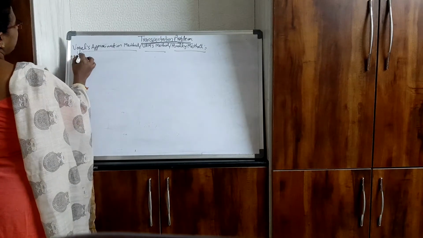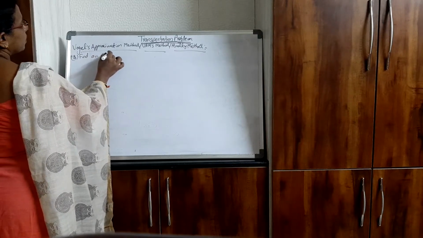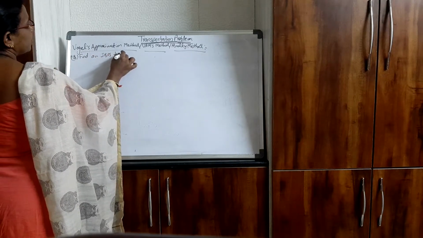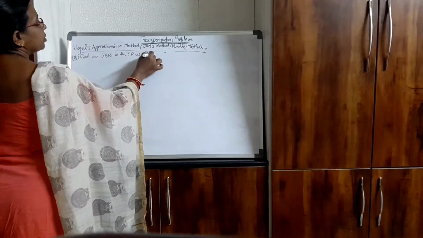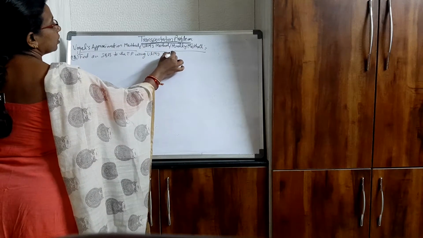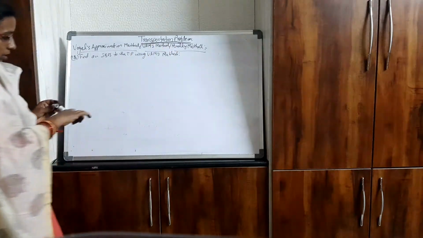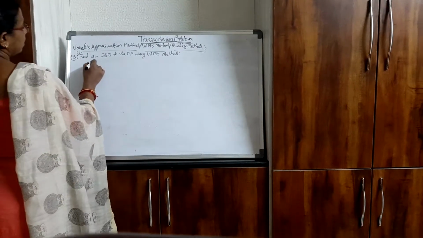So the question will be like this: find an initial basic feasible solution to the transportation problem using Vogel's method. Here I have taken a 4 by 4 matrix.